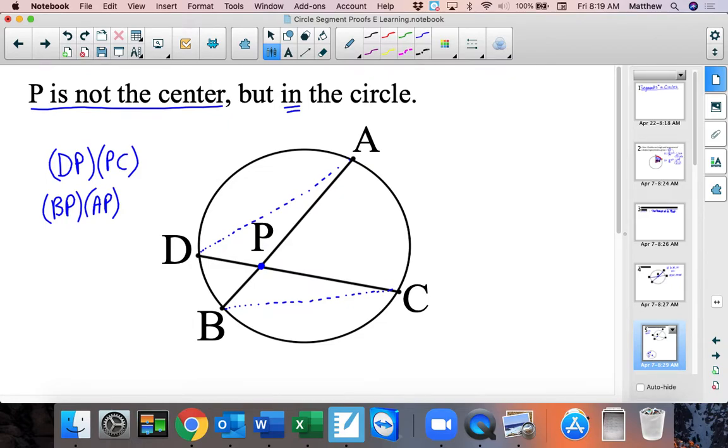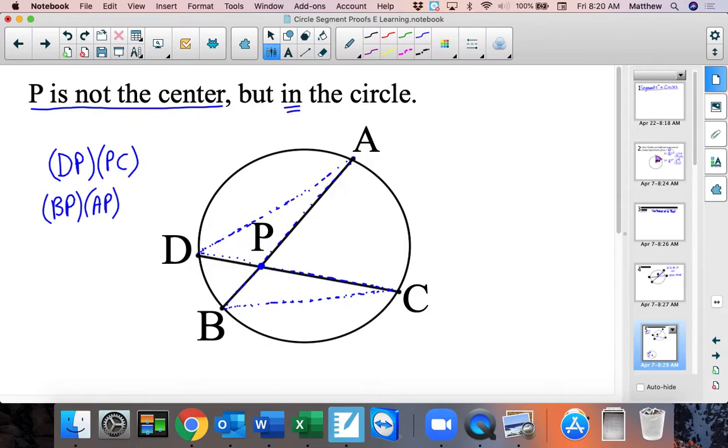So I drew in these two dotted lines, and hopefully you can see now that we've got two triangles, basically from D to A to P and back to D. And I've got from B across the dotted line to C, then up to P and back to B. So hopefully you see those two.